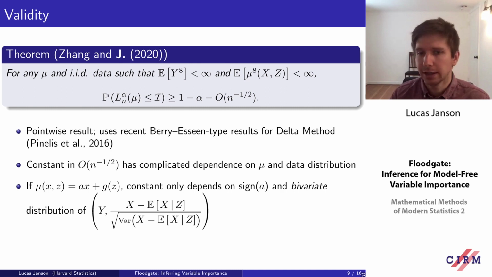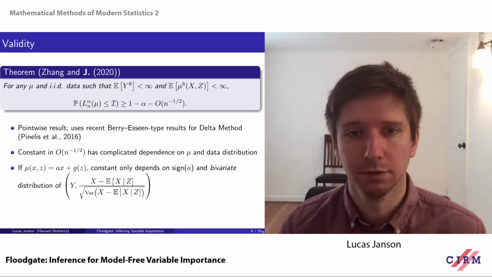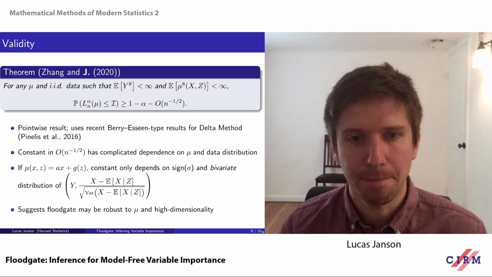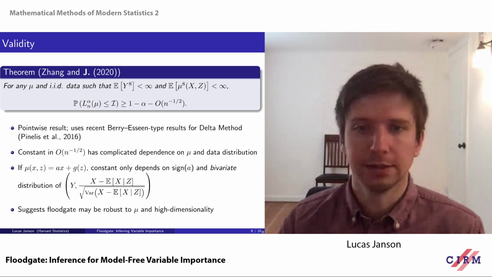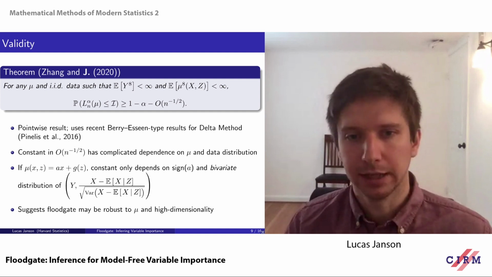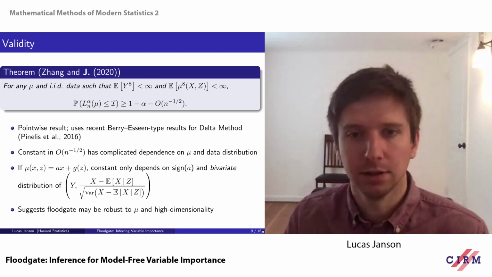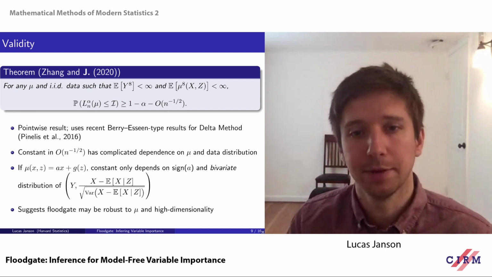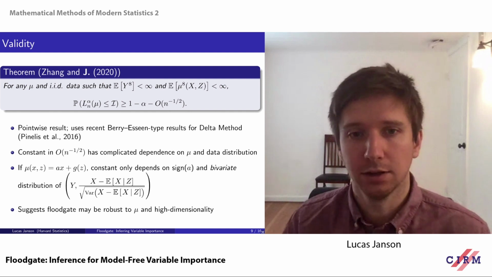And so we can imagine that as we move to high dimensions, as the dimension increases, as long as this bivariate distribution doesn't go crazy, so it has some bounded high order moments, then our convergence is going to continue to actually be quite good and only depend on a constant times 1 over root n. So this is a suggestive result. We'd like to understand this better, but it seems like it may be pretty flexible in the types of mu and high dimensional distributions that it can handle robustly.